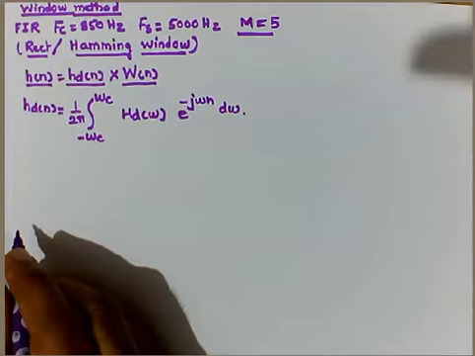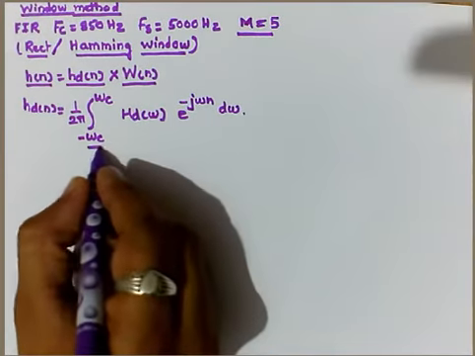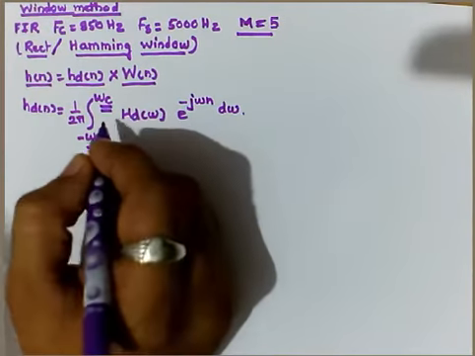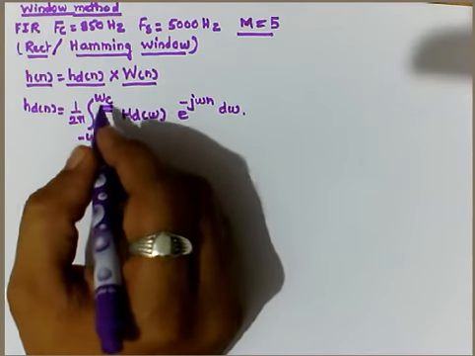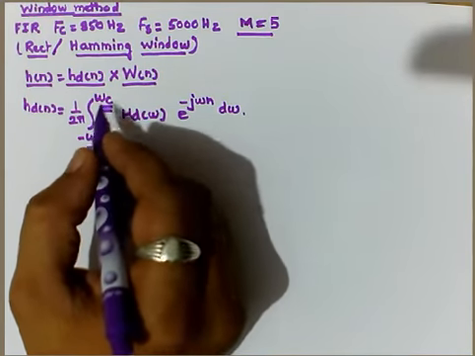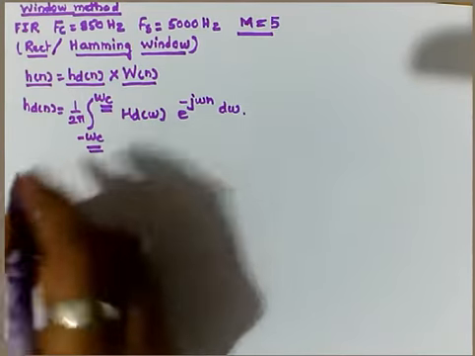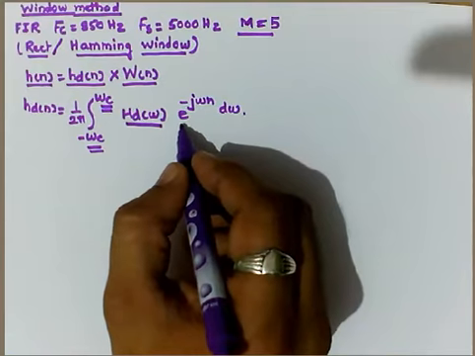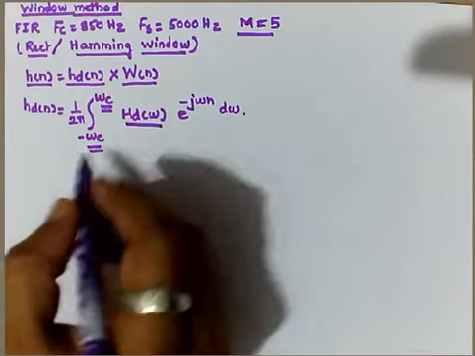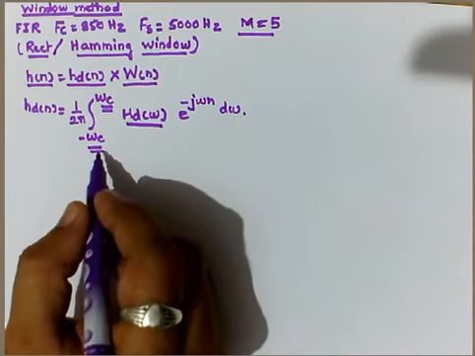This is the expression we need. Here omega c is the digital frequency in radians per sample. So for this expression, firstly we must know hd of omega, and we must know omega c also.